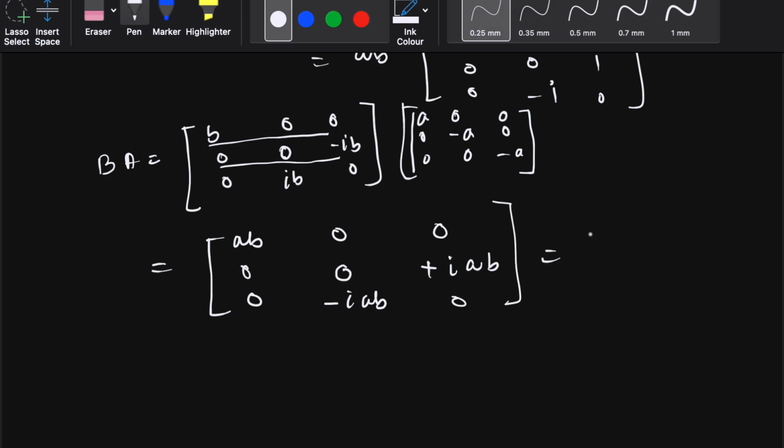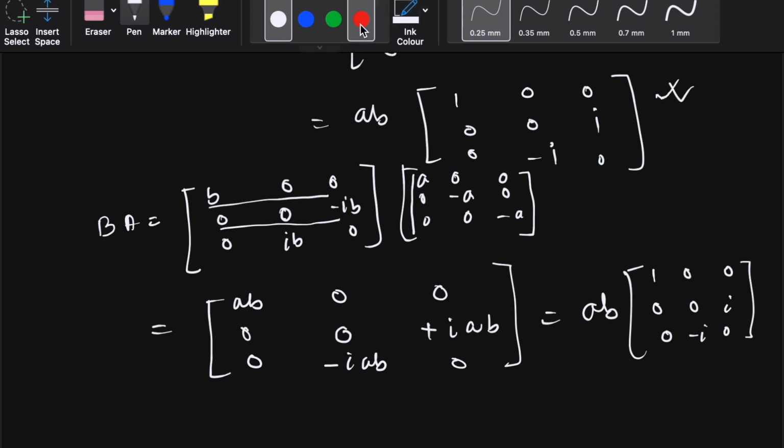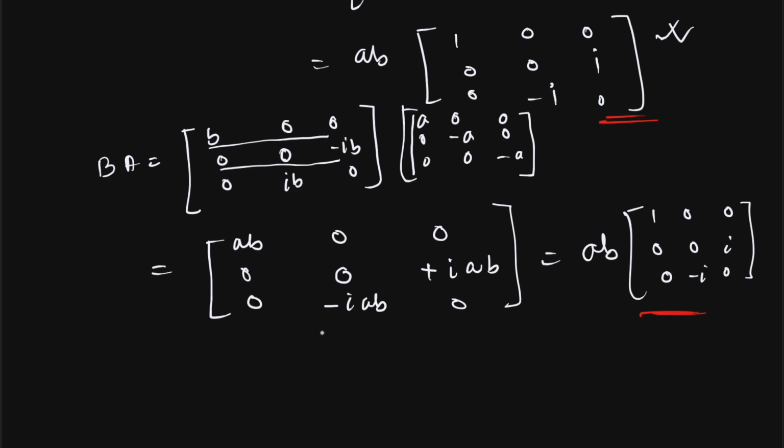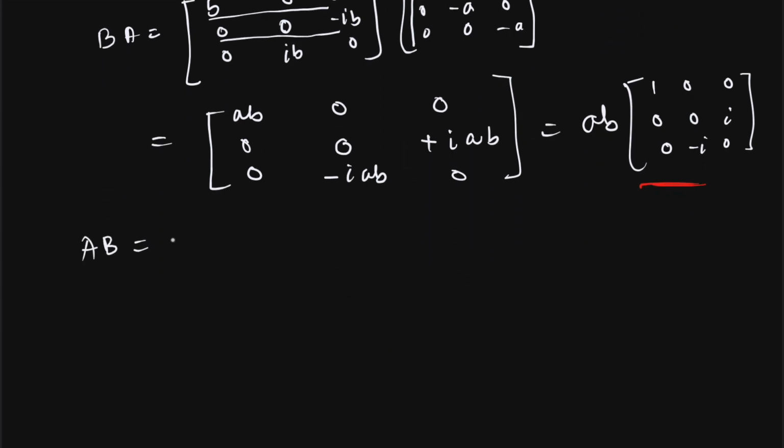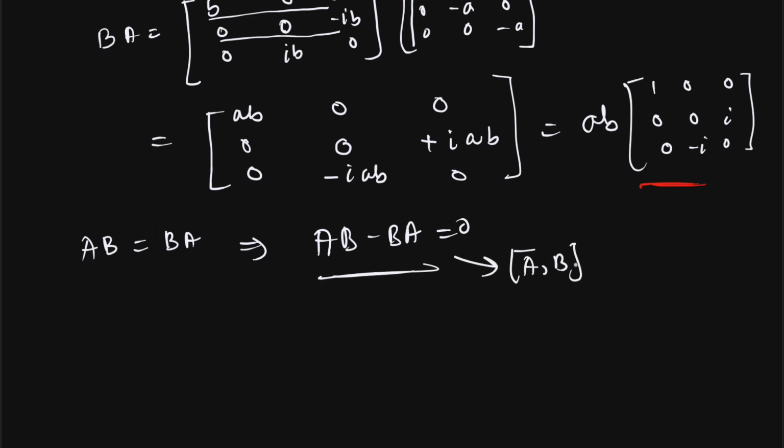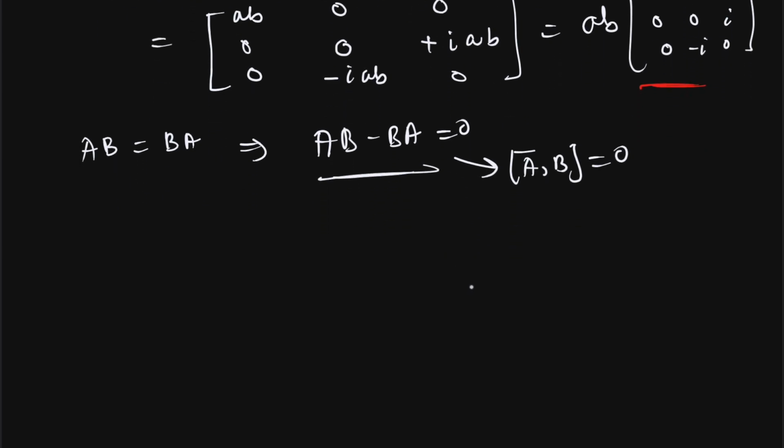That means we get ab times (1 0 0; 0 0 i; 0 -i 0). So this matrix and the previous matrix are the same. So AB is equal to BA, that is, AB minus BA is equal to 0. That means A and B commute.